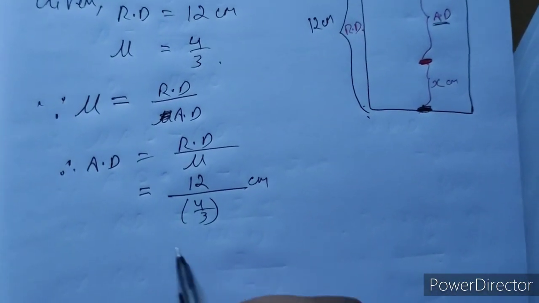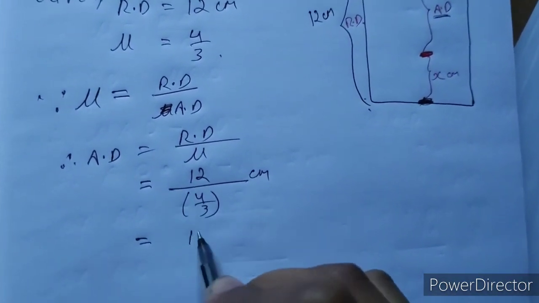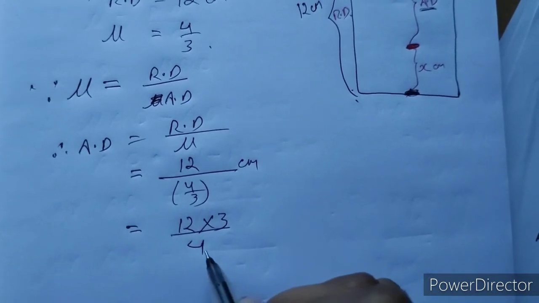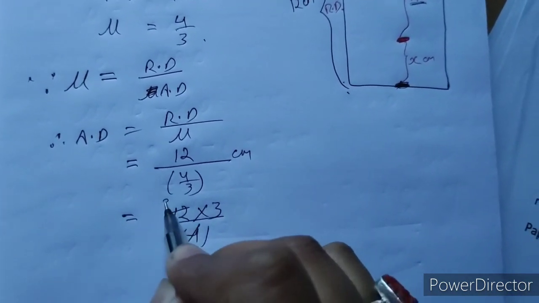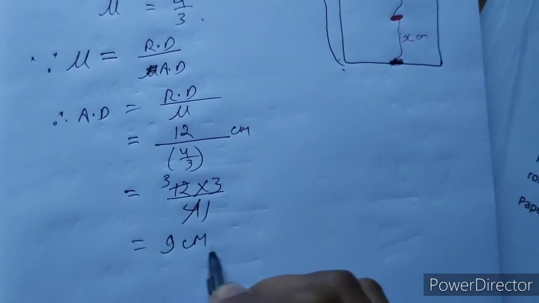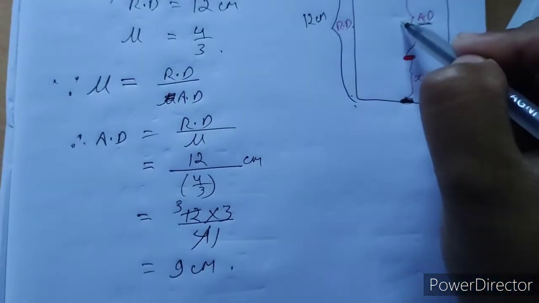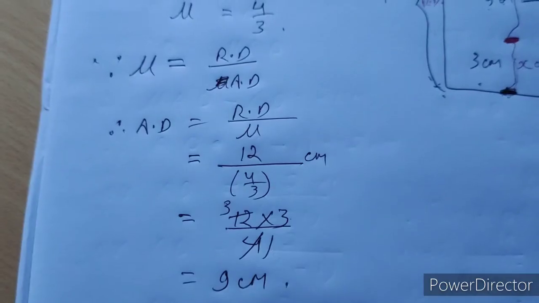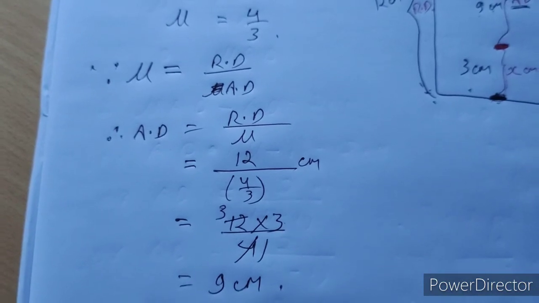Since we are calculating apparent depth, equals 12, this 3 will go up and 3/4 will be in its own place. 4 1s are 4, 4 3s are 12. So 3 into 3, 9 centimeter. So my apparent depth is 9 centimeter.